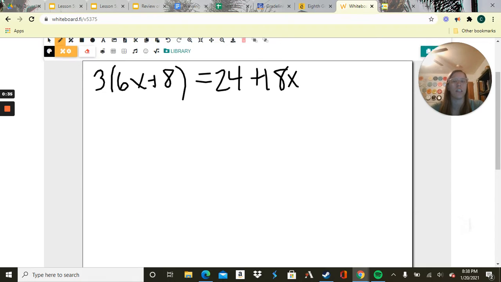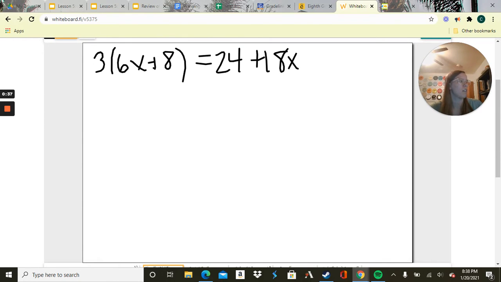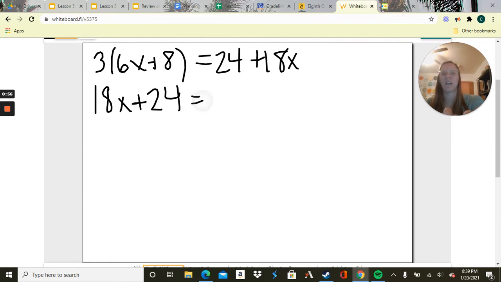So let's do a couple examples. So let me go up and find this one quick so that I do it correctly. Just a second. Okay, so first we're going to distribute. So 3 times 6 is 18x. 3 times 8 is 24. Plus equals 24 plus 18x.